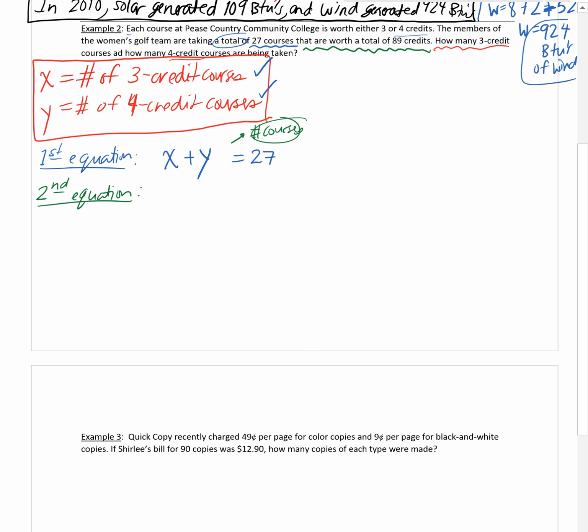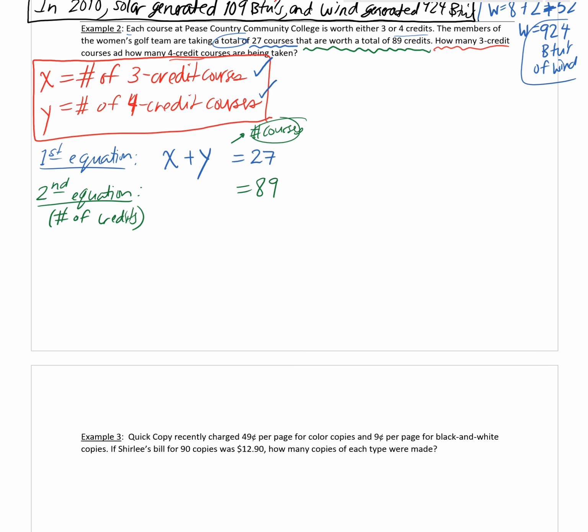But the second equation will talk more about the number of credits. They said there were a total of 89 credits, so I can tell it's going to be something equals 89. But it's not going to be X plus Y equals 89 because 89 is the number of credits, and X and Y is a number of courses.